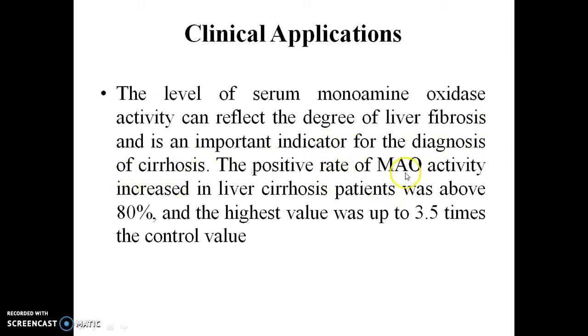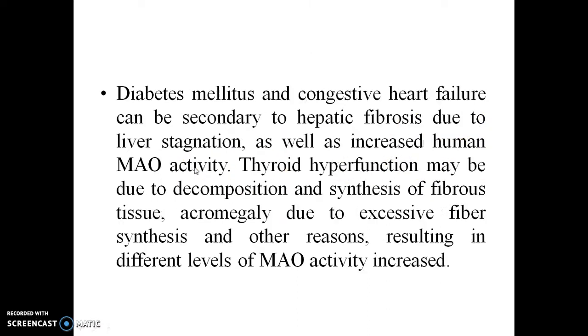The positive rate of increased monoamine oxidase activity in liver cirrhosis patients was above 80%, and the highest value was up to 3.5 times the control value. So you can see how many fold the monoamine oxidase enzyme increases in patients suffering from liver cirrhosis.